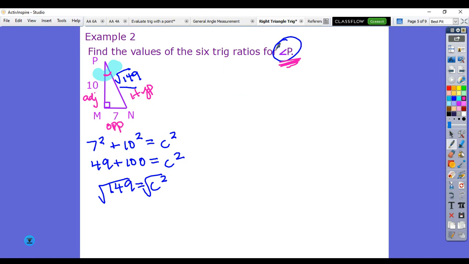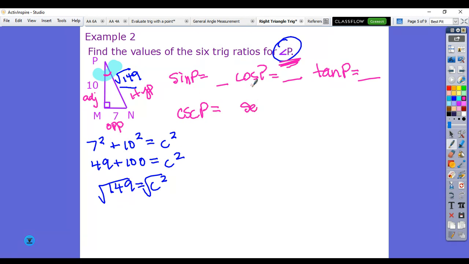So this time we're talking about P. I'm going to write sine P equals, cosine P equals, tangent P equals. Then underneath sine P, I'm going to write its reciprocal, cosecant, cosine, secant.